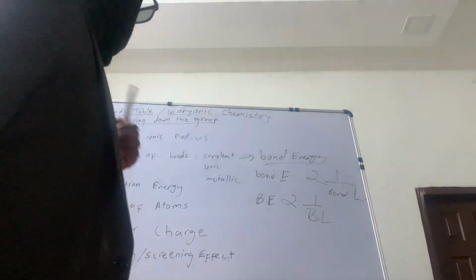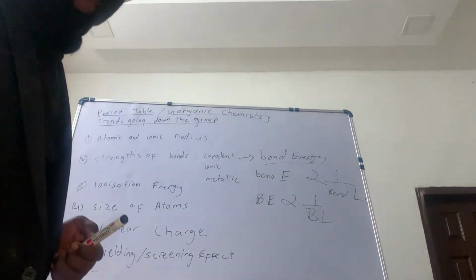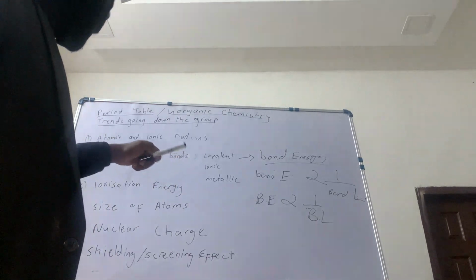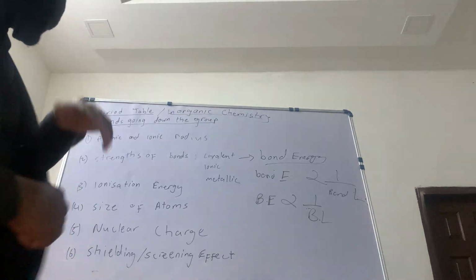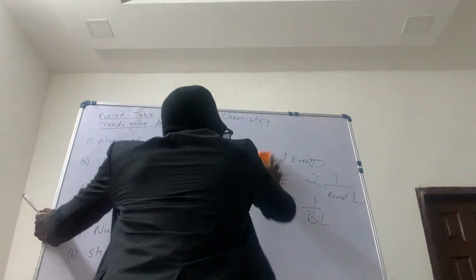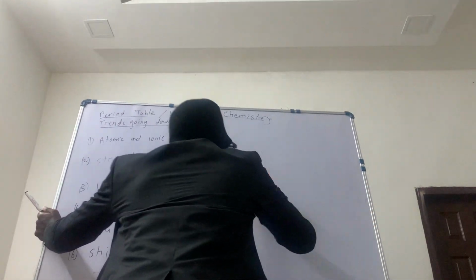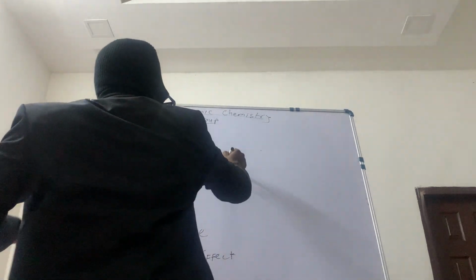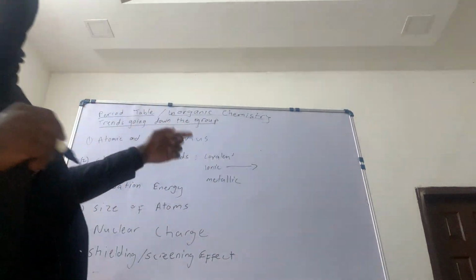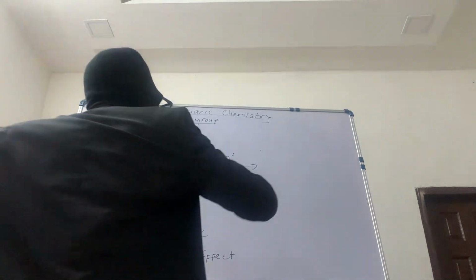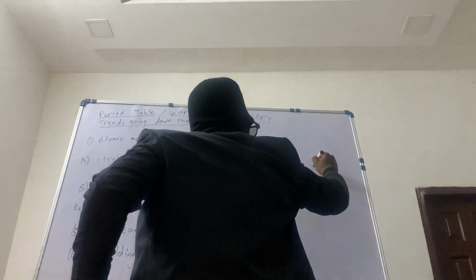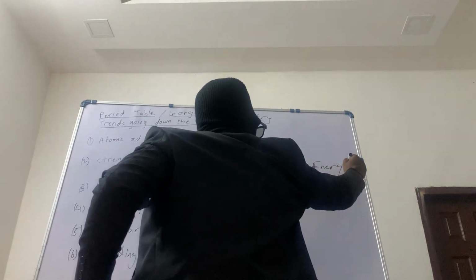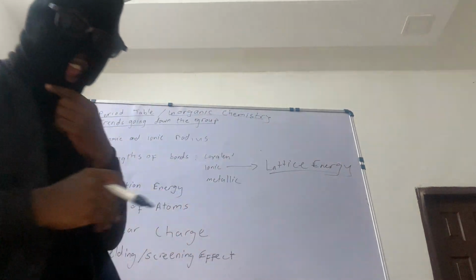I wanted to do an example, but let us just move on. We want to consider ionic bonds. What is used to measure the strength of ionic bonds? We have what is known as lattice energy.